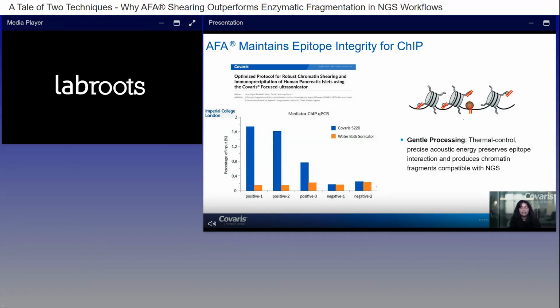In contrast, we can see that the Covaris sonicated samples were able to yield a much higher qPCR signal, indicating that using Covaris ultrasonication, we were able to consistently shear the chromatin while maintaining epitope integrity. So I wanted to highlight this data because it shows that ChIP, like many workflows, really benefits massively from the controlled, precise, and thermally regulated processing that AFA can offer.